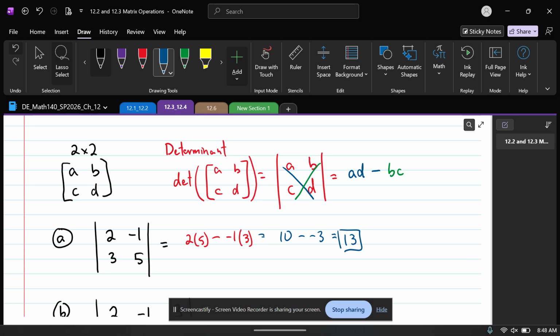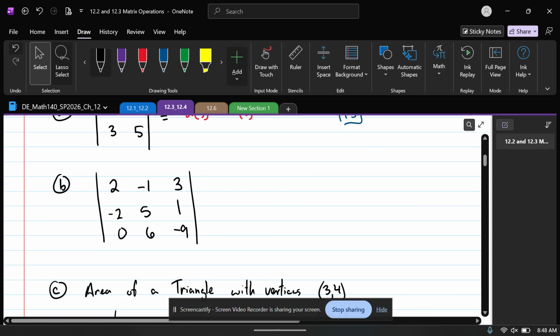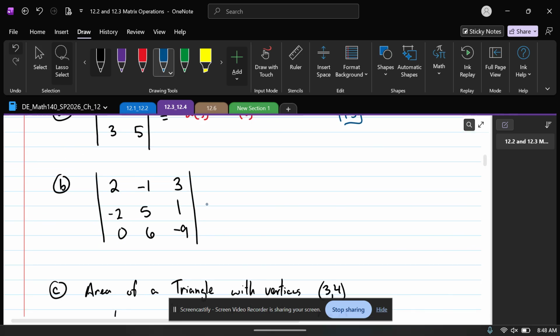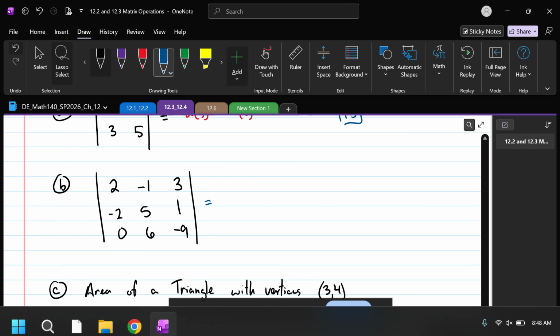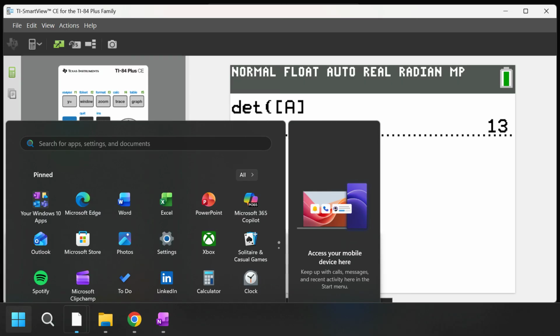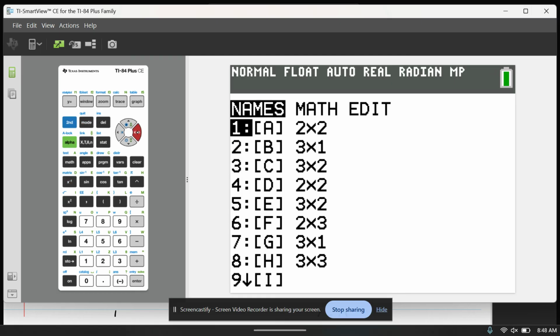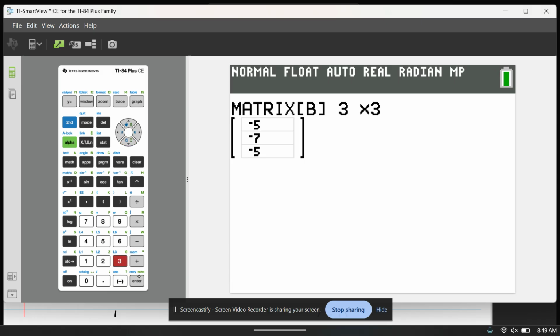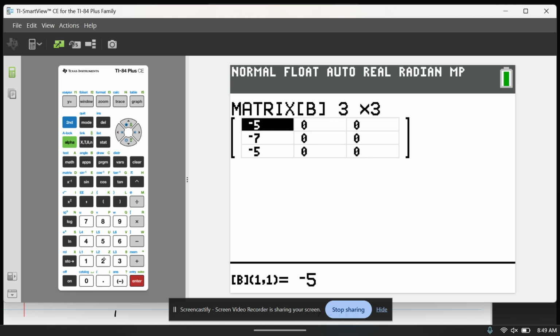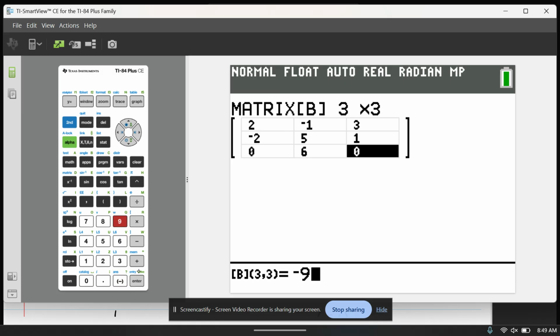Okay, so on this 3 by 3 here, let's put that in the calculator and let it give us the determinant of that. So go to the calculator, go to the matrix, go over to edit. I'm going to do matrix B this time just for the heck of it. 3 by 3, and then 2, -1, 3, -2, 5, 1, 0, 6, -9.